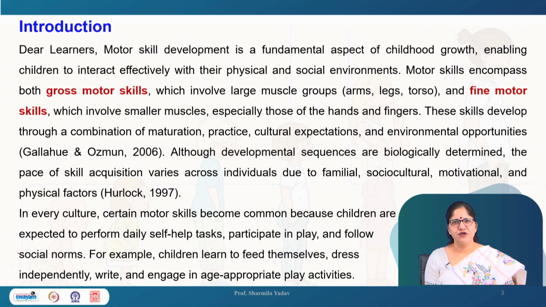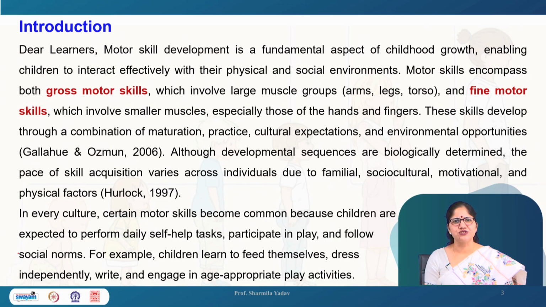Although developmental sequences are biologically determined, the pace of skill acquisition varies across individuals due to familial, socio-cultural, motivational, and physical factors.